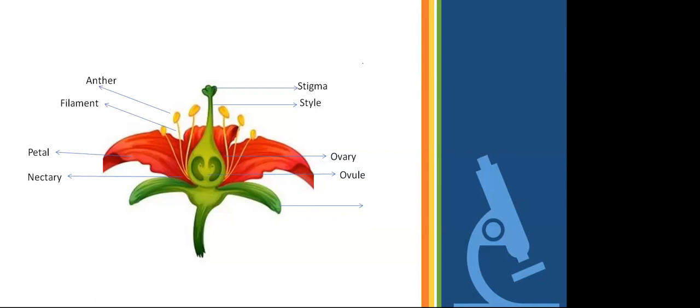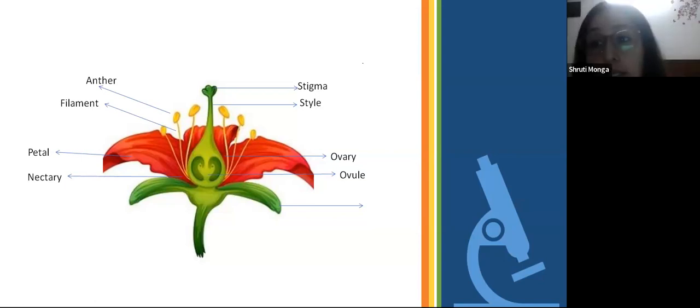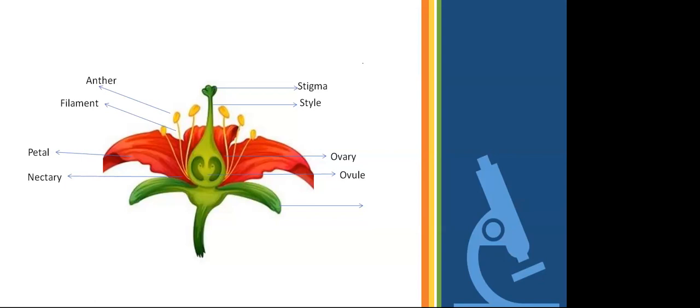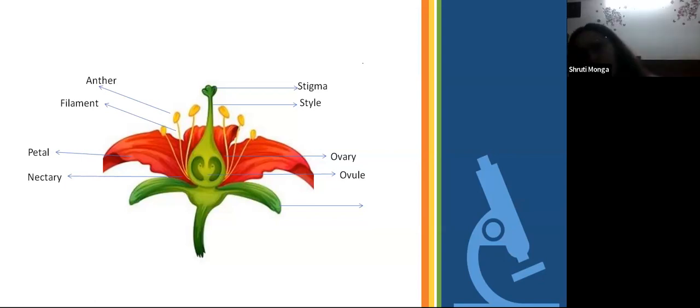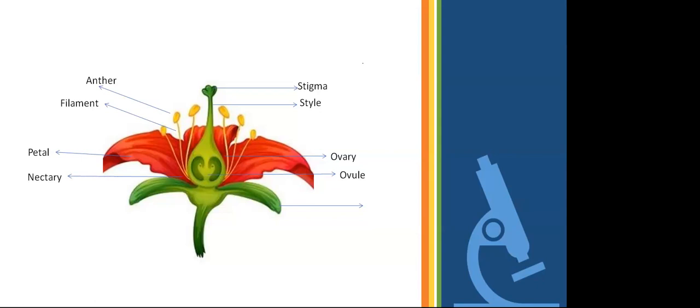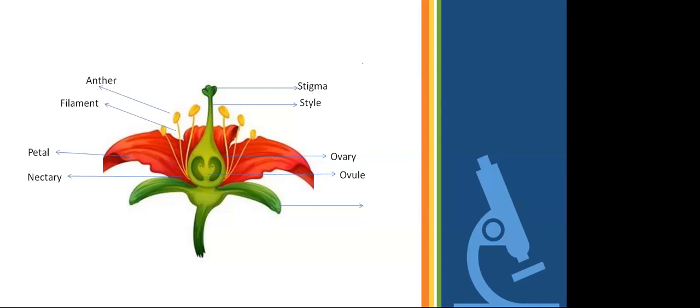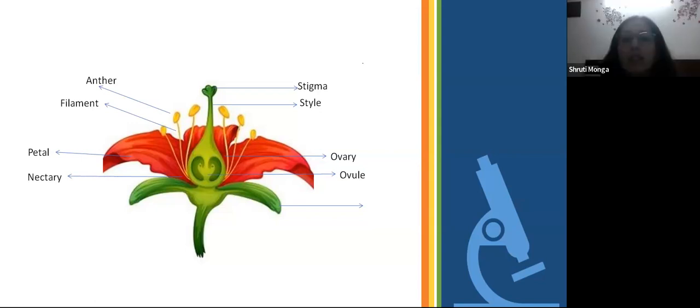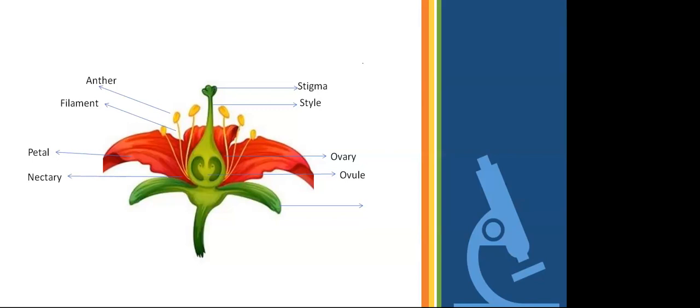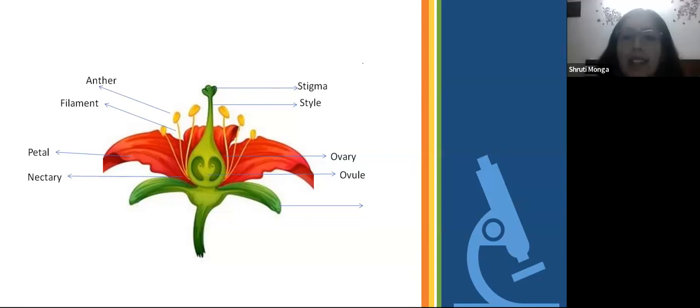Not the male ones? Nectar is in which type of flowers? No, it can be in every type of flower. You said there were two types, bisexual and unisexual. Yeah, it is there in both. Okay, which is this part? Ma'am, is it staple? Sepal. Okay, sepal. Good.